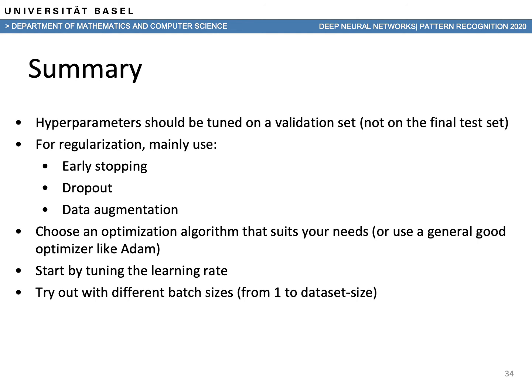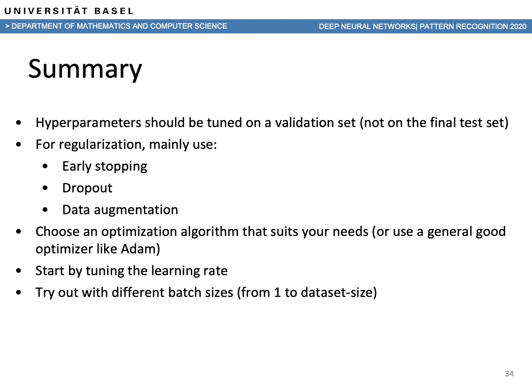And one place to start tuning your network is by looking at the learning rate. We went over a lot of different hyperparameters that you could start tuning, but really start out with the learning rate to see what happens when you set it too low or too high.